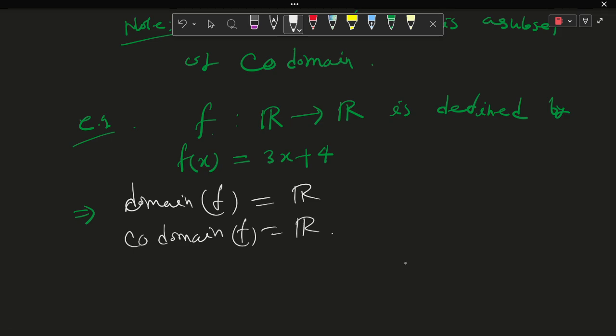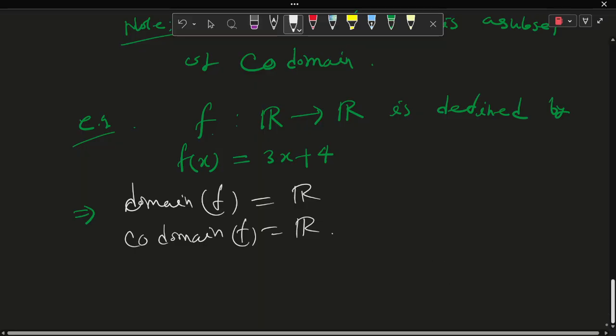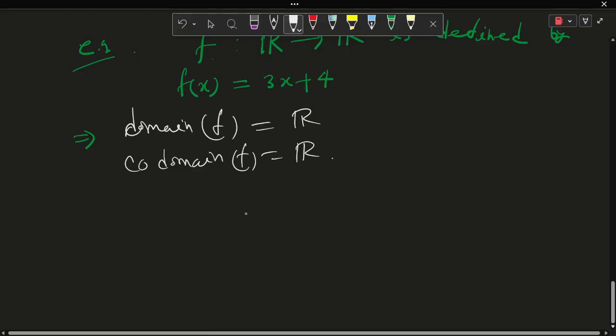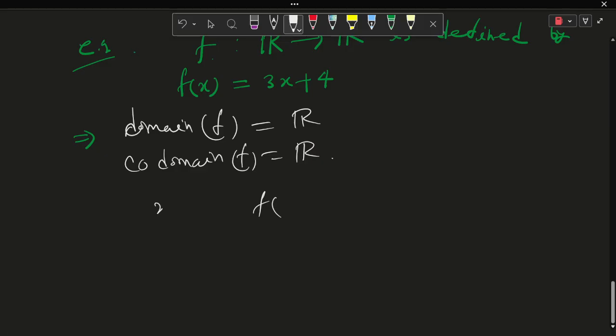Now, if we take an element like 2, what's the image? 3 into 2 by the definition of f, that means 6 plus 1 equals 7.